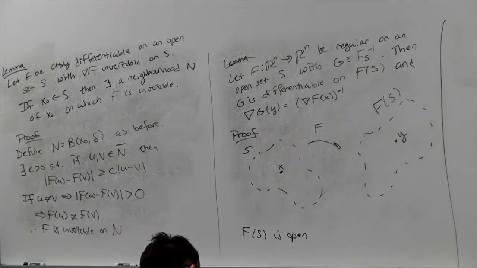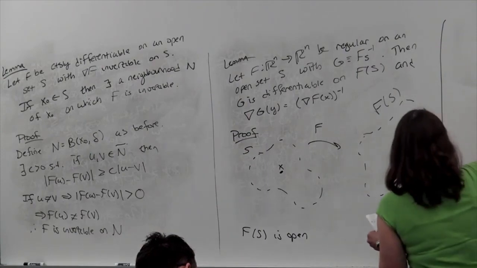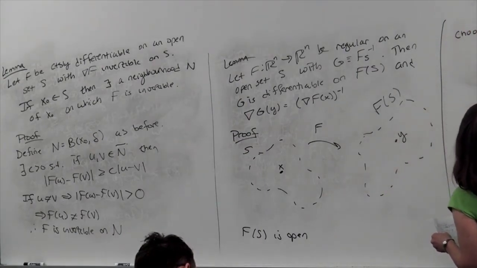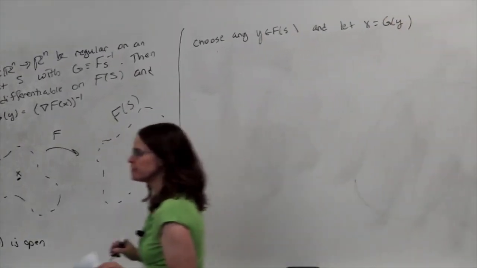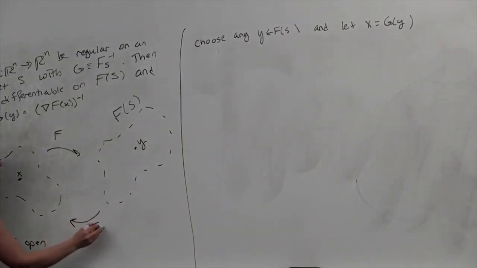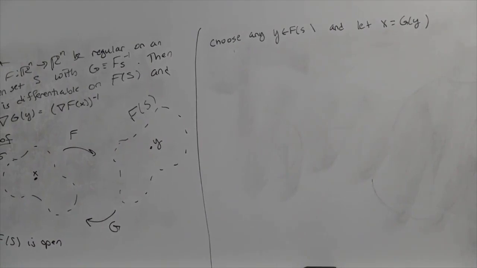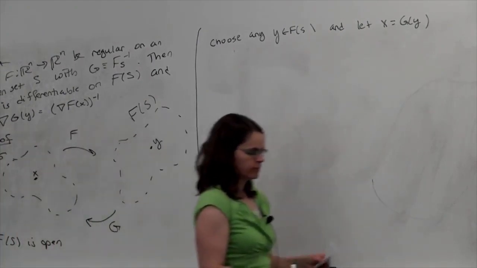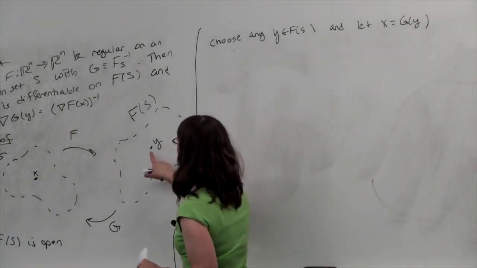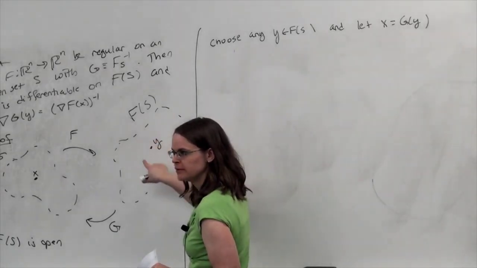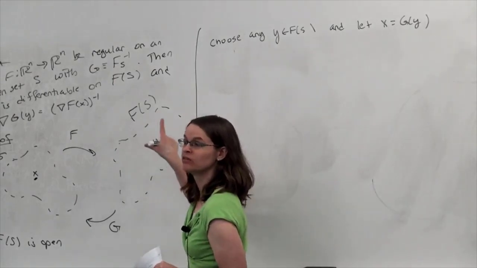So I'm going to start by arguing that G is continuous, and then I'm going to boost that up to differentiability. Okay, so let's choose any y, and let x equal g of y. G goes this direction. When we're thinking about continuity and differentiability, we're going to look at our reference point and compare it to what happens nearby. Good news is everything nearby stays inside this set because it's an open set.